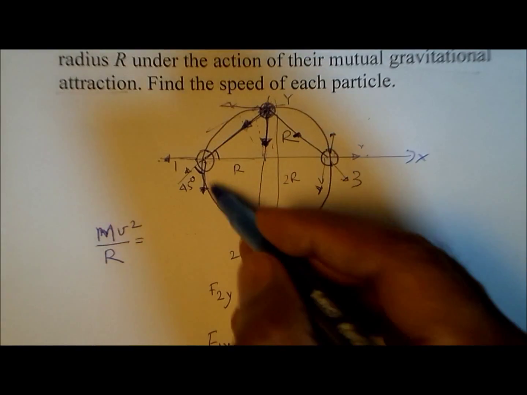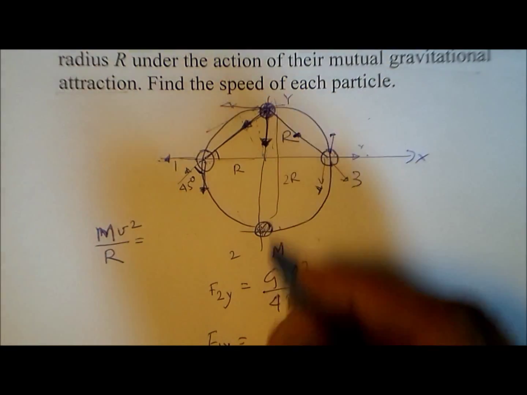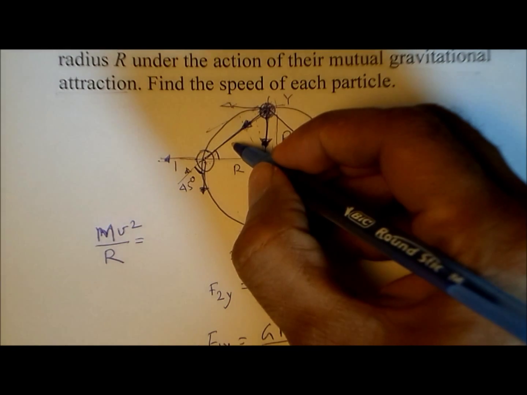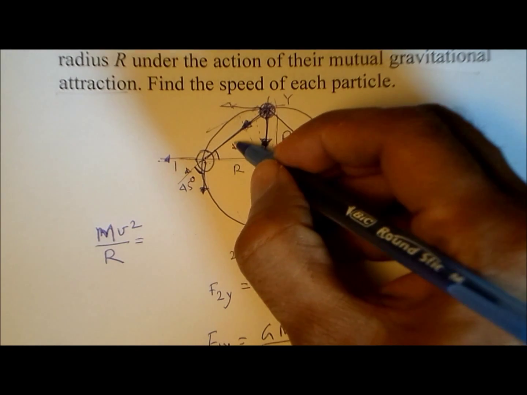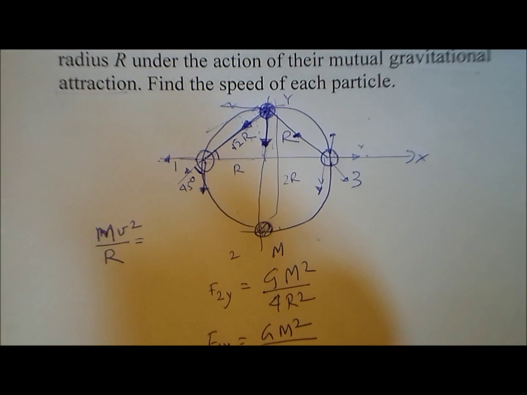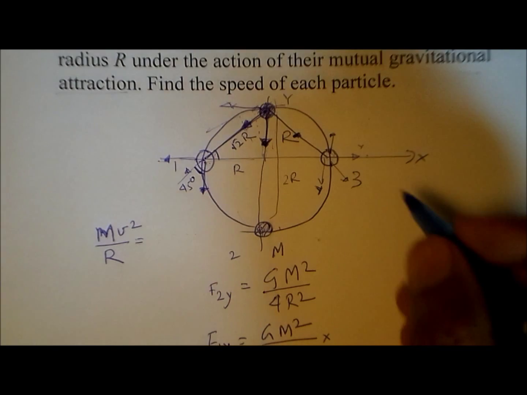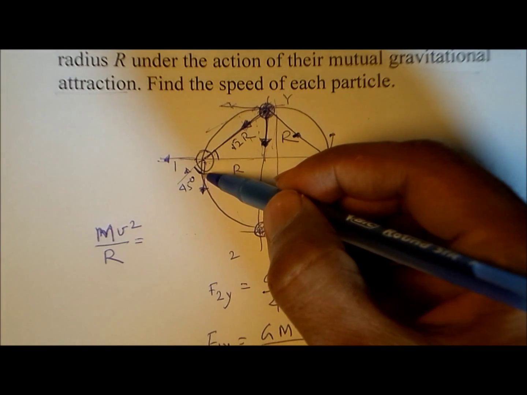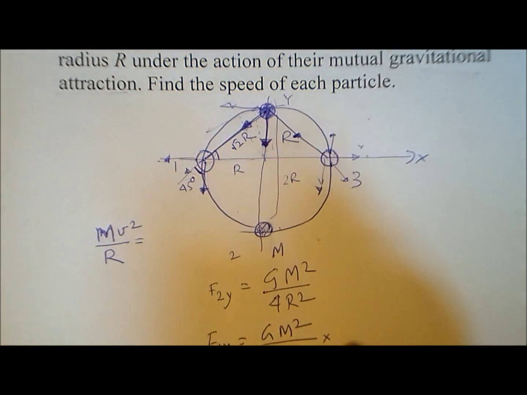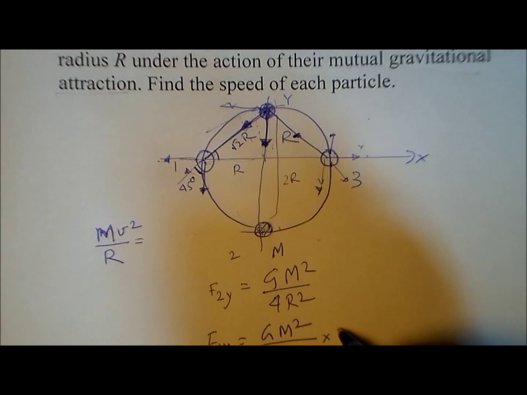Now this force F1y is given by G m1 m2 divided by this distance, which is root 2 r, and its whole square is going to be 2r square, and then multiplied by cos theta, cos 45, or for that matter sin 45, which is 1 by root 2.